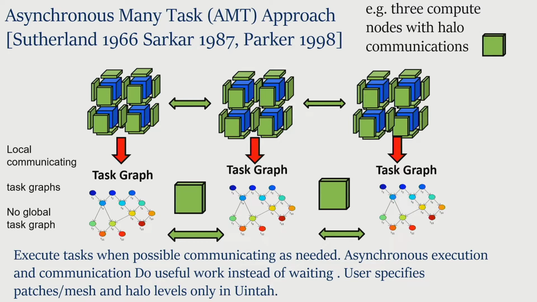And there's a degree of automation in this, in the sense that the user just specifies the patches and the meshes and the halo levels, and then everything else is automated inside, including the generation of the MPI communications between different MPI tasks. And the idea behind the asynchronous execution is that we do useful work instead of waiting.